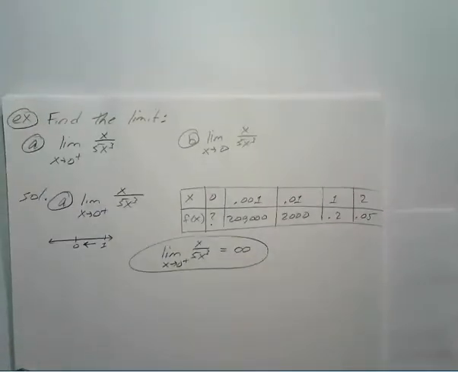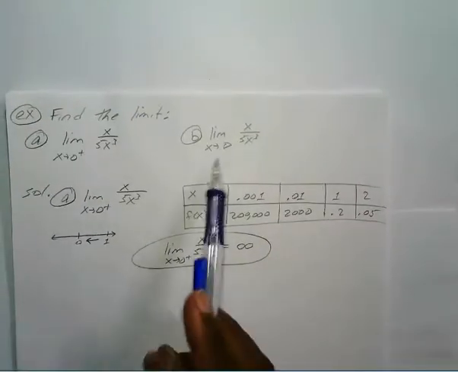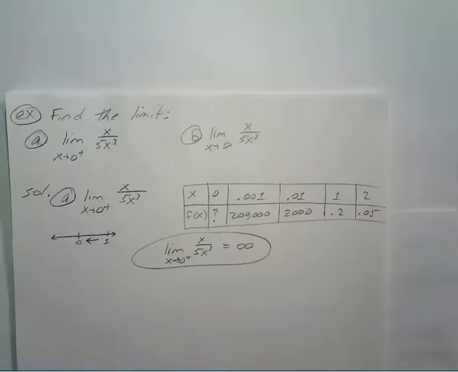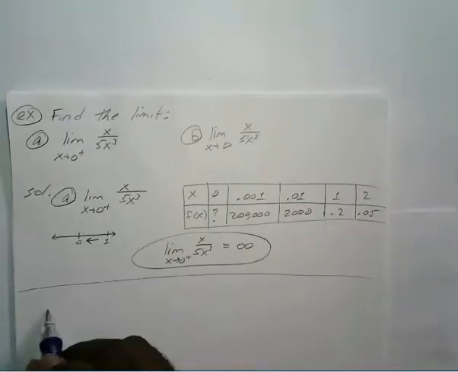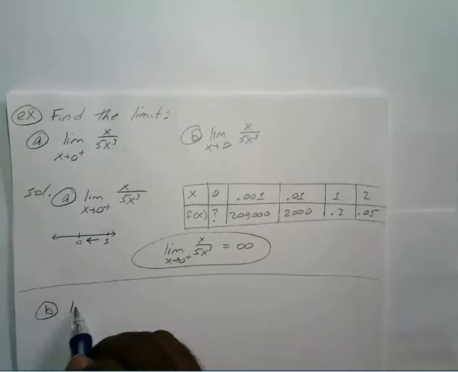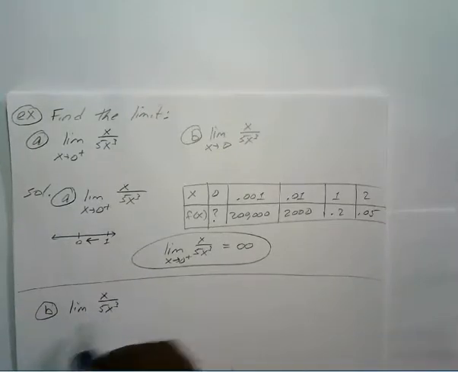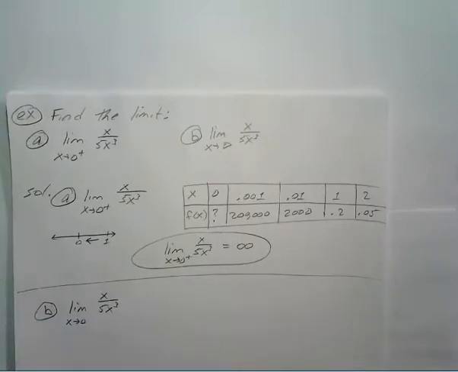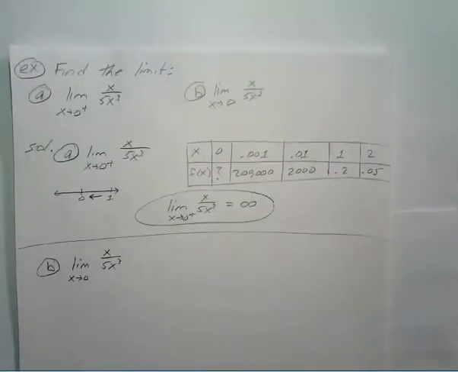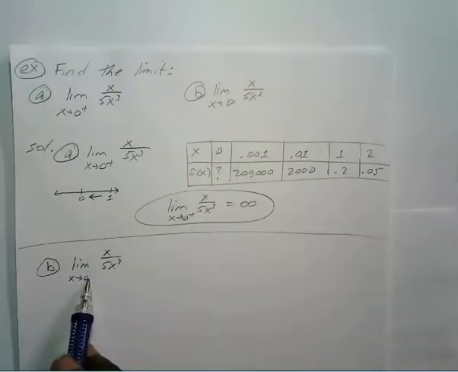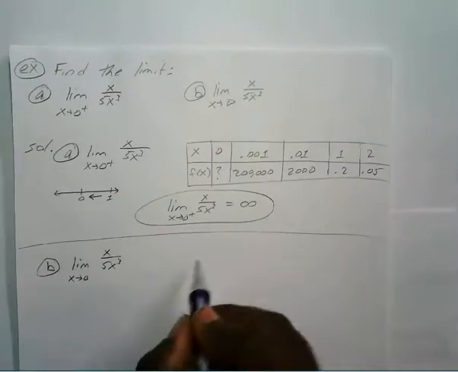Alright. Now, what about as x approaches 0? You have the limit of x over 5x to the third as x approaches 0. We pretty much do the same thing, but in this case, we're approaching from the left and right to make sure that they're equal.